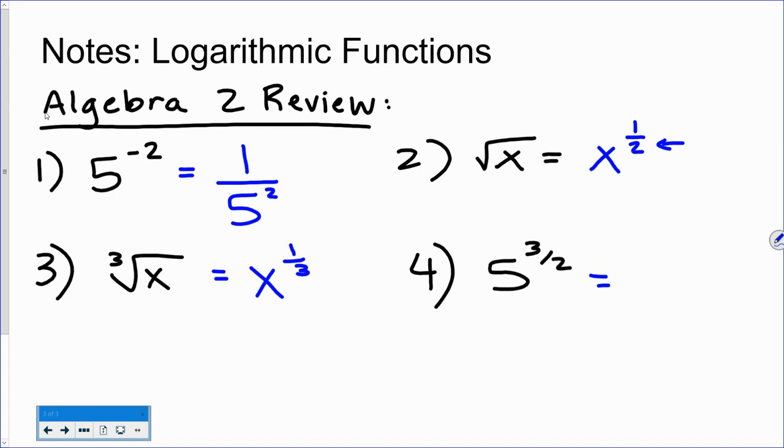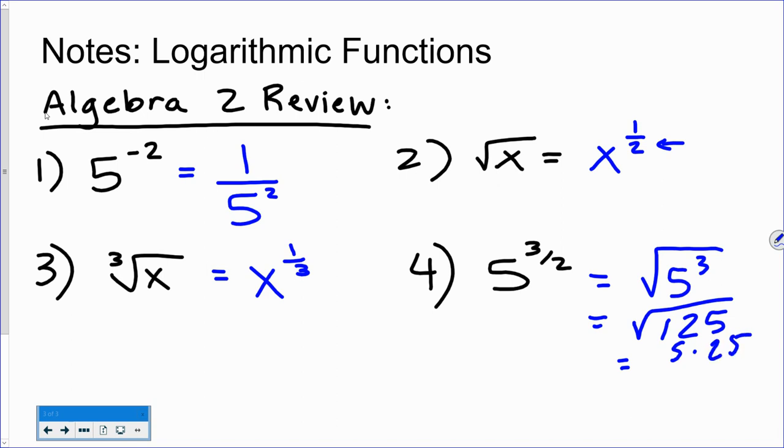So this means the square root of 5 to the 3rd power, or the square root of 125, which technically we can break down by simplifying radicals, like 5 times 25, so the square root of 25 is 5, leave 5 in the square root.